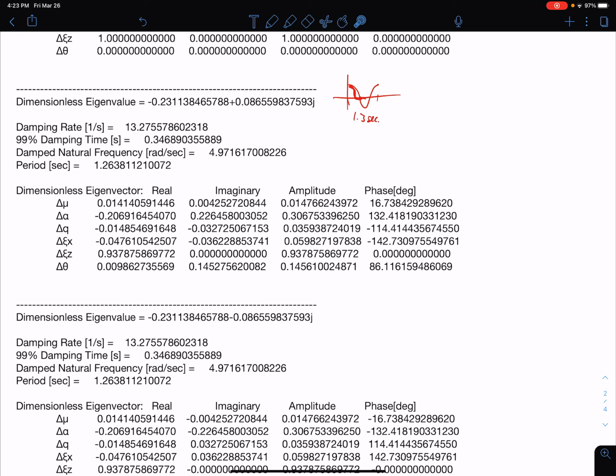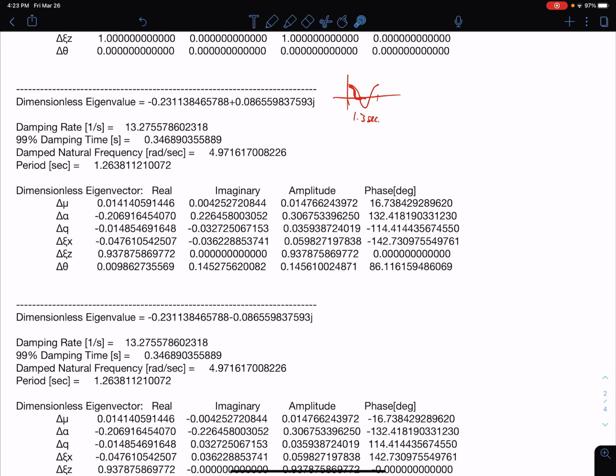For each of these eigenvector components, this is the real part, this is the imaginary part, and then we can compute the amplitude and the phase. This is the phase relative to the largest component. Here's the amplitude, and the phase of this component relative to itself is 0, but this gives in degrees the phases of these other independent variables relative to a change in this variable, okay?